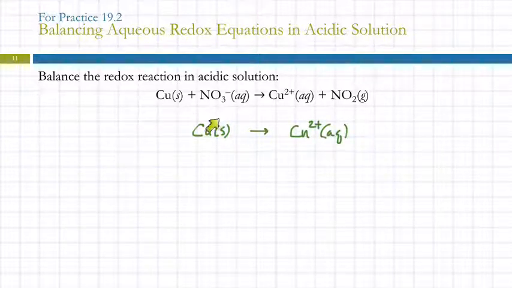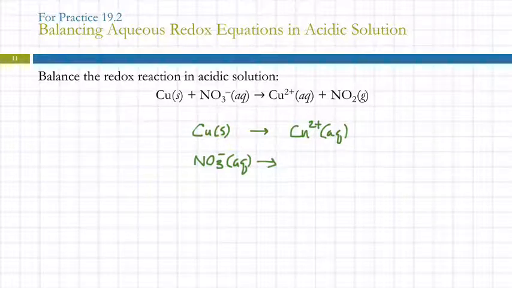And then we're going to put nitrate and NO2 together. Basically what you're doing is you're picking the two substances that are most alike, right? Because if you put copper on the left and NO2 on the right of one half reaction, you're never going to be able to get that to balance. So there's my two half reactions.